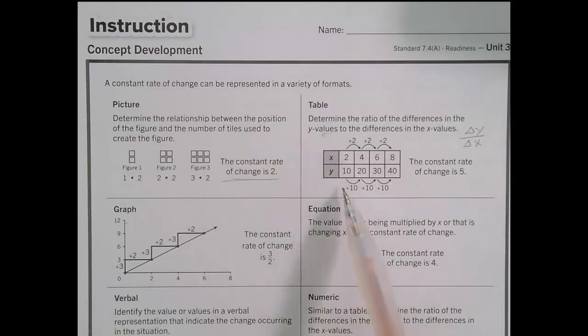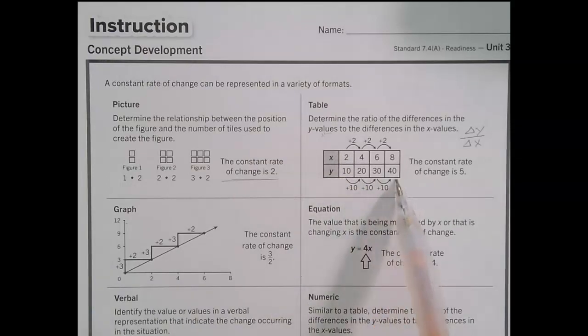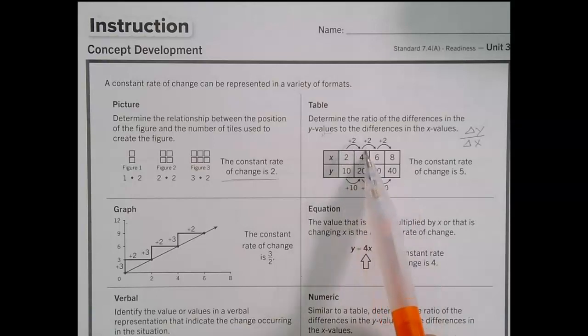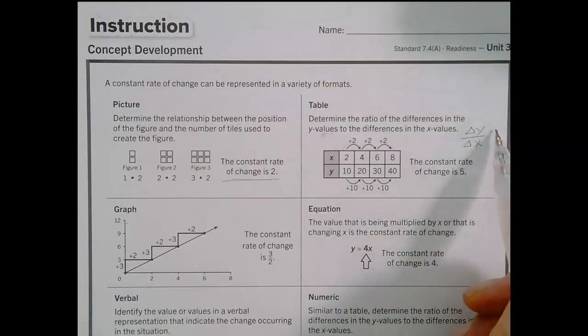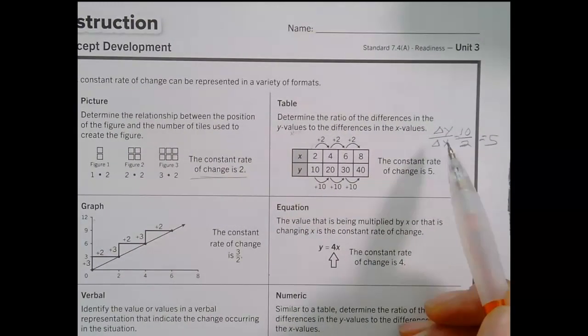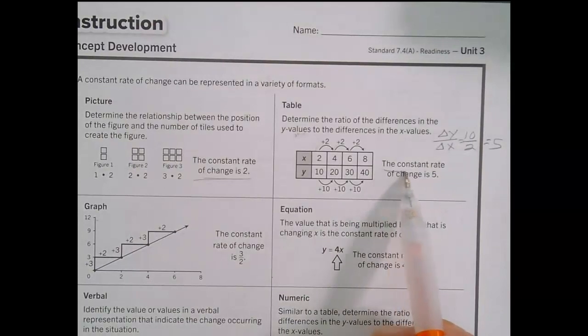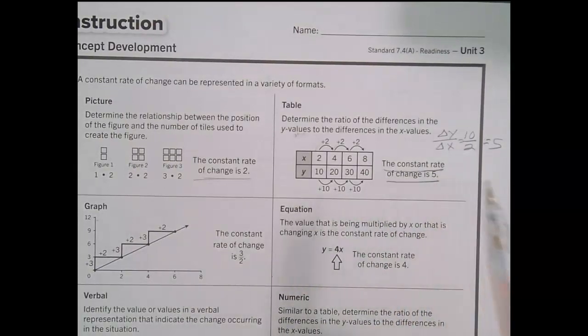So if you notice, every time y increases by 10, our x is increasing by 2. So if I put that 10 over that 2, I know that it gives me a constant rate of change of 5. So every time it is increasing, it is a constant rate of change of 5.